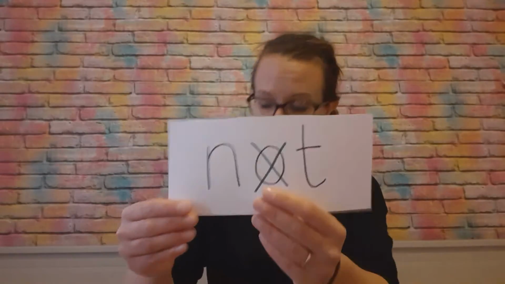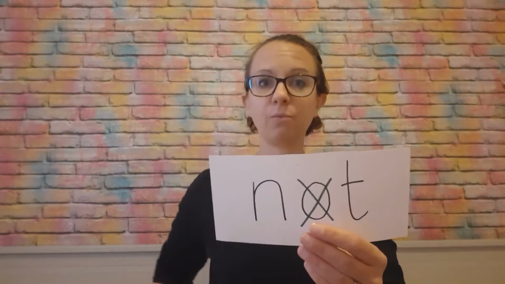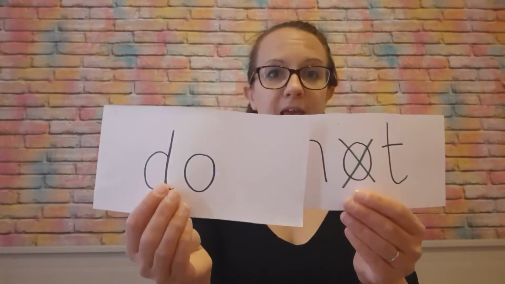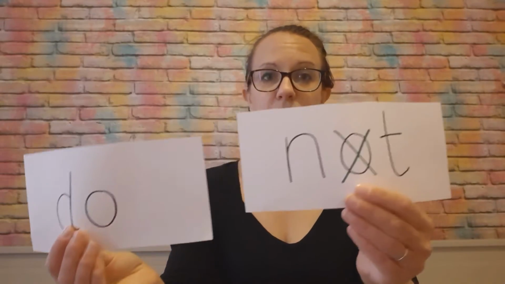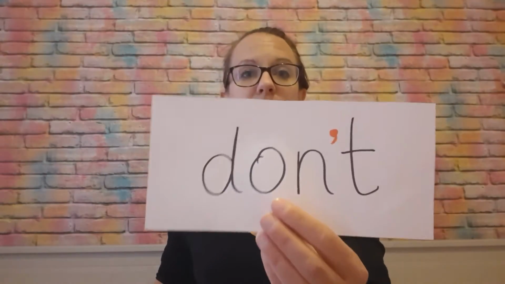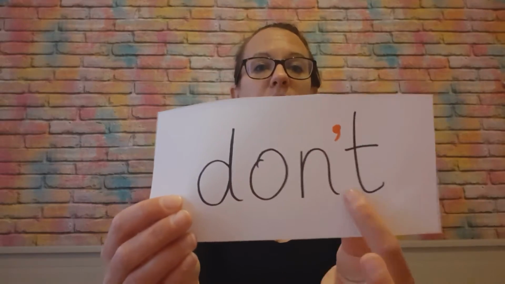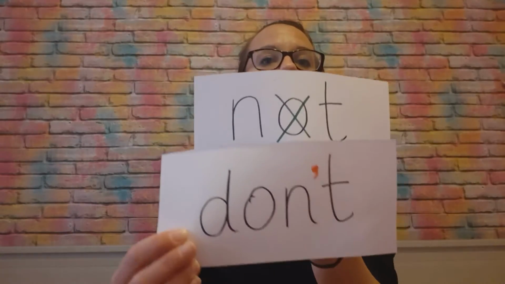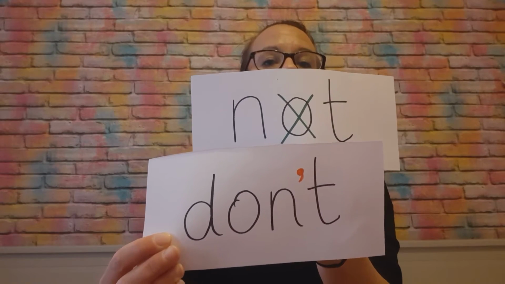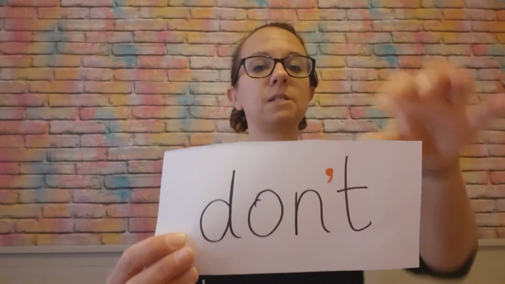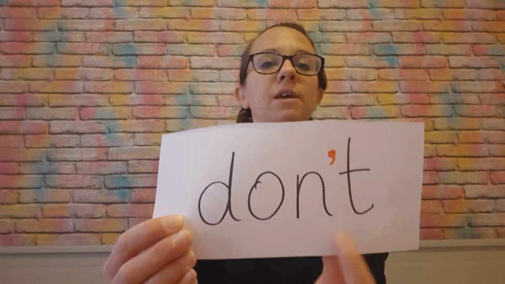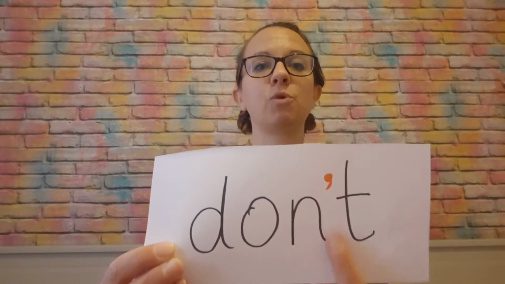So this happens. So we have not, and that O disappears. Okay, so now we've got do not, but we haven't got the O, and we end up with this. And can you see that where that O was in not, it's gone and it's been replaced by this, which is an apostrophe, and that goes up the top, and that shows that there's a letter missing there, one letter or more.